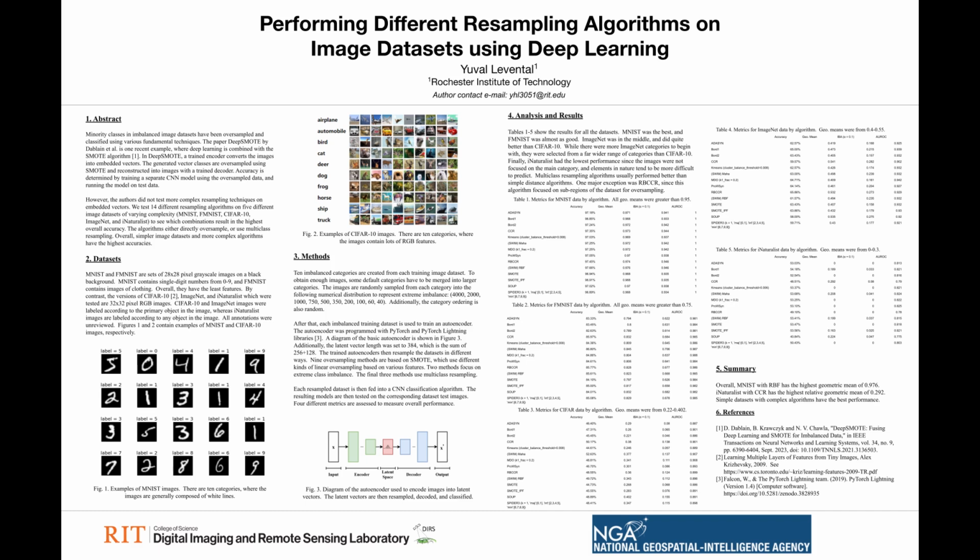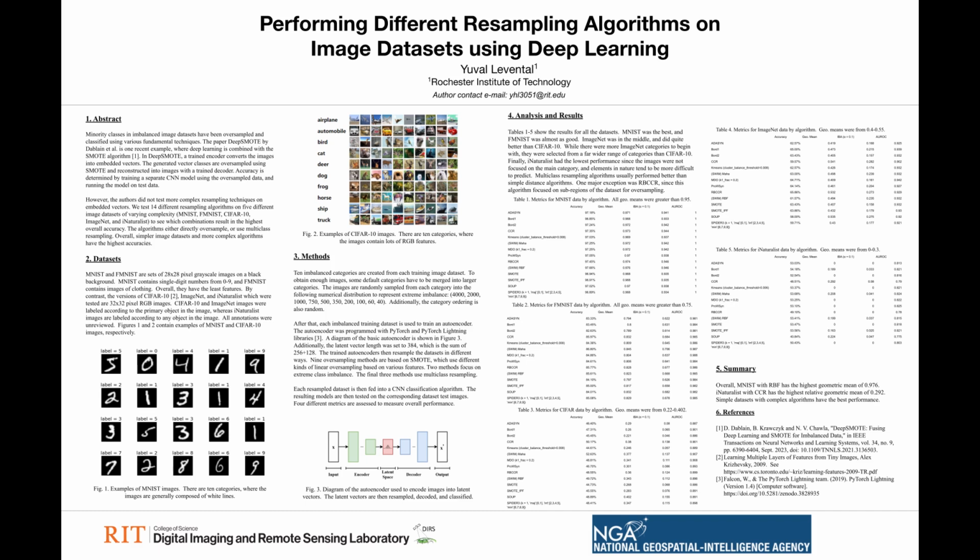On to the datasets. MNIST and FMNIST are sets of 28 times 28 pixel grayscale images on a black background. MNIST contains single-digit numbers from 0 to 9, and FMNIST contains images of clothing. Overall, they have the least features. By contrast, the versions of CIFAR10, ImageNet, and iNaturalist which were tested are 32 times 32 pixel RGB images.